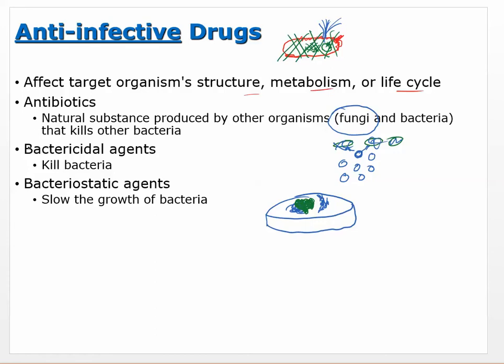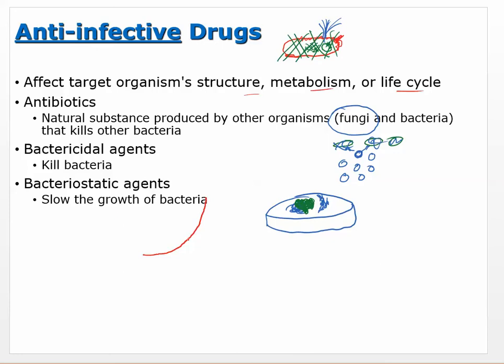So a couple of terms when we're talking about things that kill bacteria. Ultimately, that's what we want to do. We want the bacteria to die. But there are bactericidal agents, which makes sense. They actually will kill the bacteria. But then we have bacteriostatic. Static just means stationary. So that's going to slow the growth of bacteria. Normally bacteria divide at a pretty good clip, especially early on.